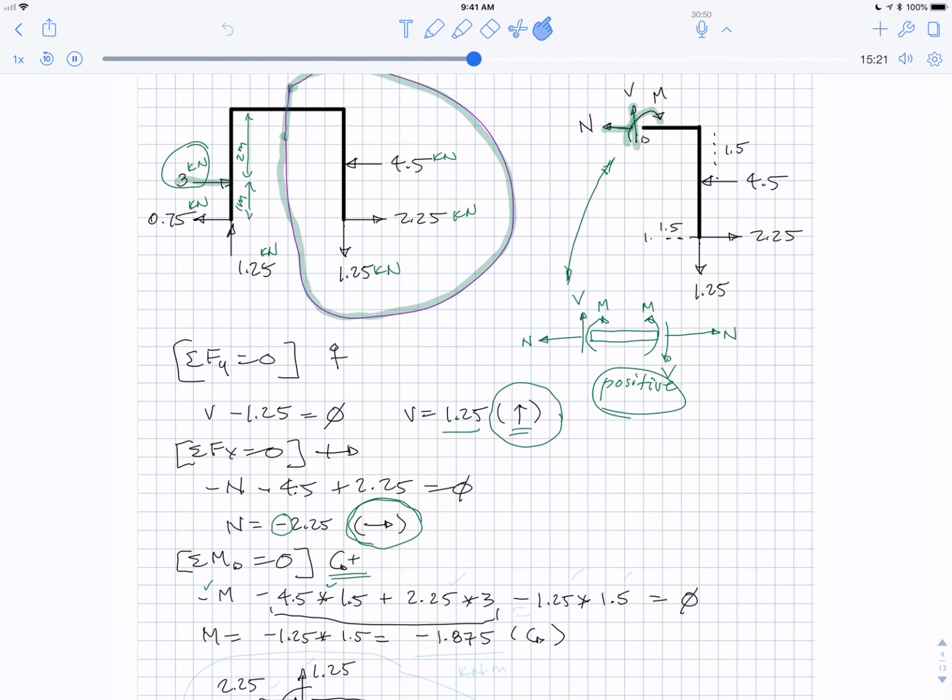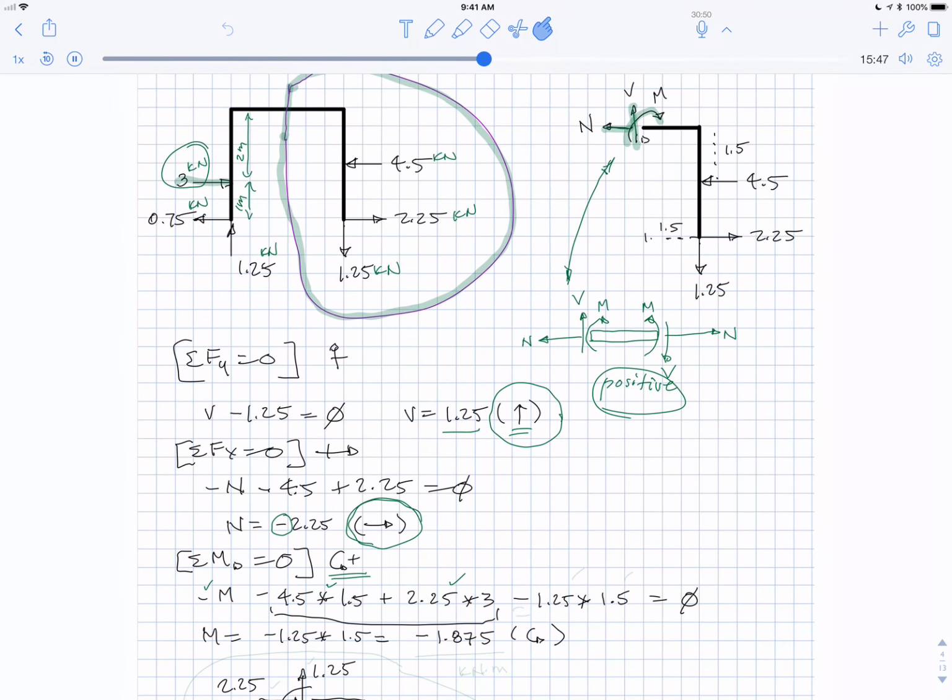You had 2.25 times 3 going counterclockwise, and those two add up to 0, right? Because 2.25 is half of 4.5, and 3 is twice 1.5. In fact, they definitely add up to 0 because that's how we solve for the 2.25 to make the moment up at that corner equal to 0.